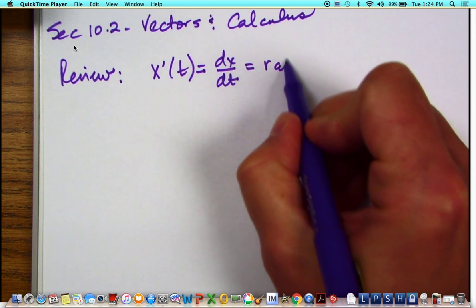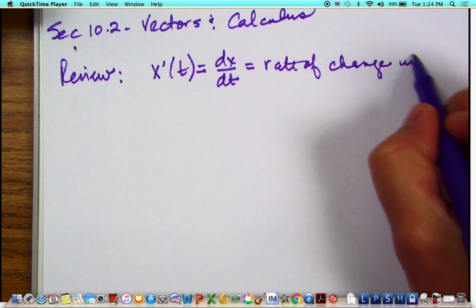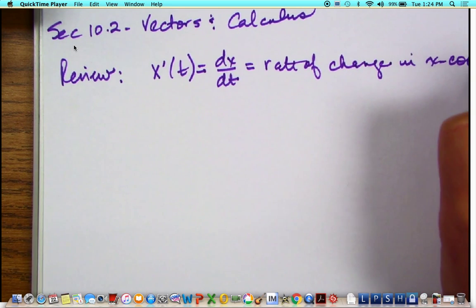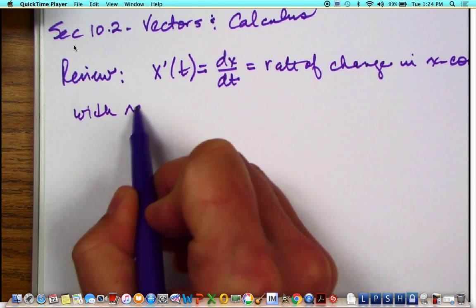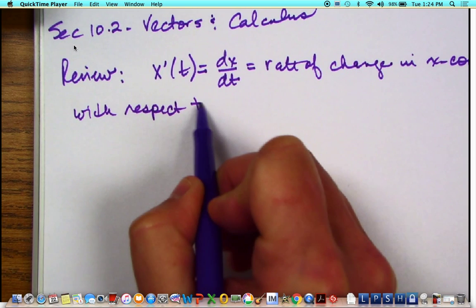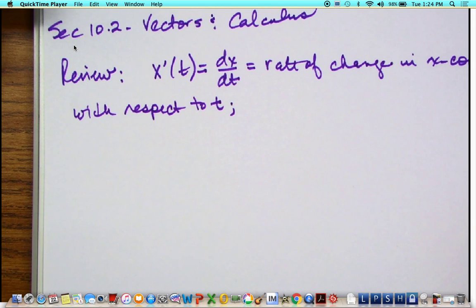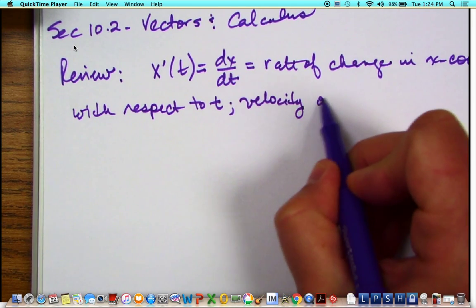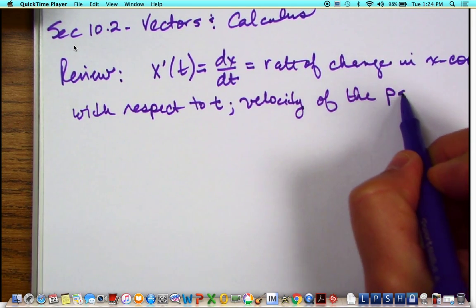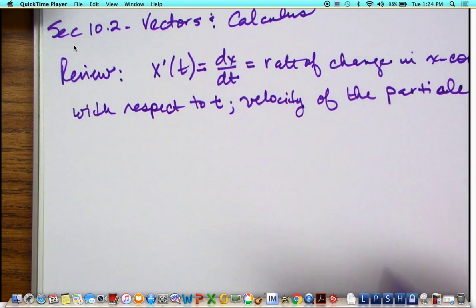Okay, so that is the rate of change in the x coordinate with respect to t. What else does it symbolize? Yes, very good. That would be the velocity of the particle at time t in the x direction, or in the horizontal direction.